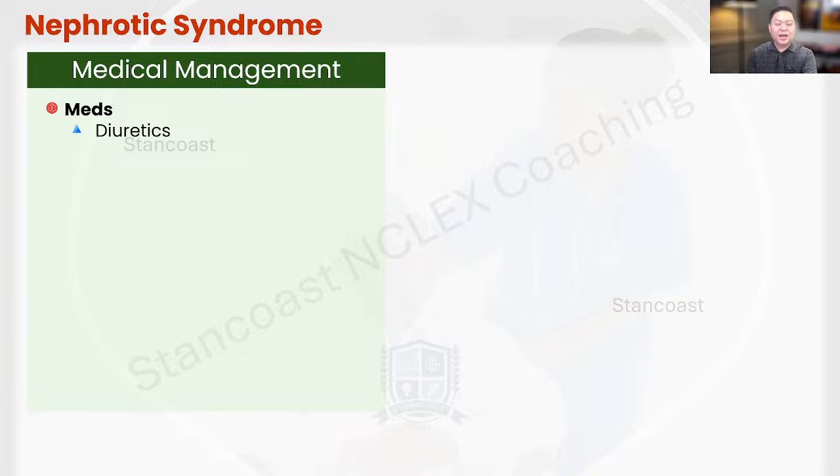And another medication that we're going to expect to be part of the treatment is the ACE inhibitors. So this is the angiotensin converting enzyme inhibitors. I hope that you're still familiar with this medication classification. And this is an antihypertensive drug. What it does is prevent vasoconstriction.